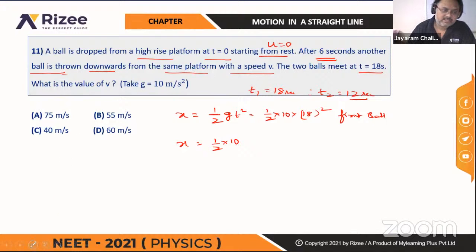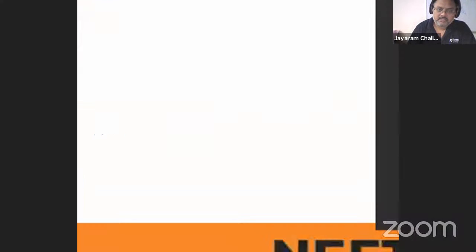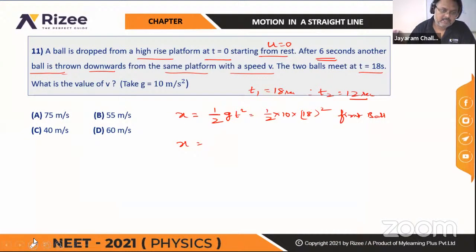So I need to write the ut plus half at square completely here. The second ball has some initial velocity, so Vt plus half into 10 into, but the time taken by the second ball is only 12 seconds. It should be 12 square.